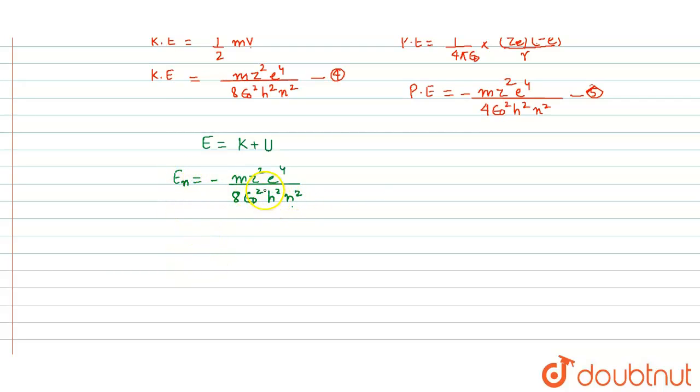So from this formula we can see all the parameters. We can also put the value of Z for the hydrogen atom.